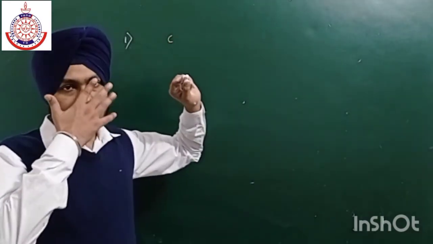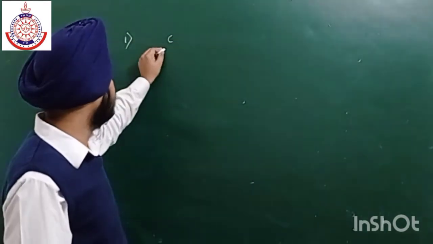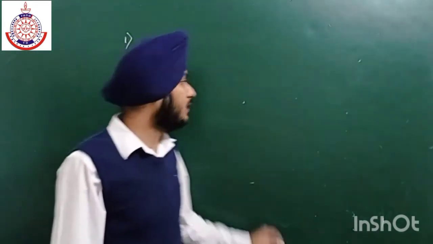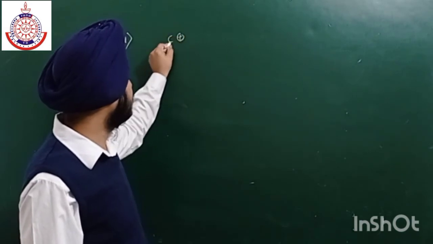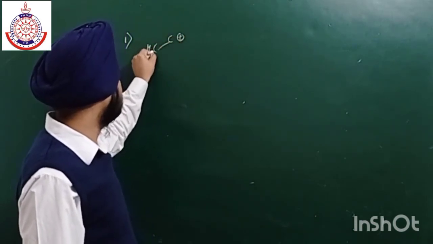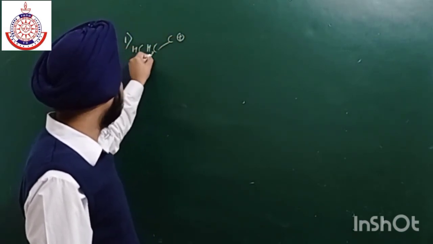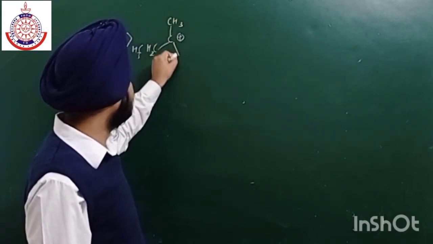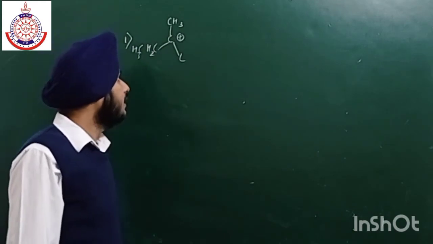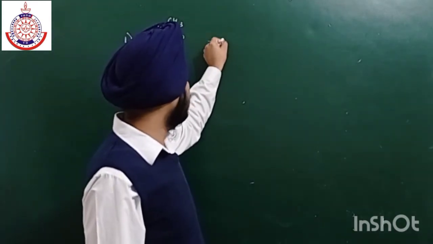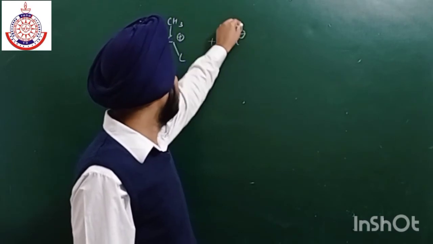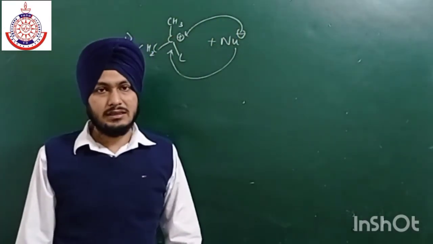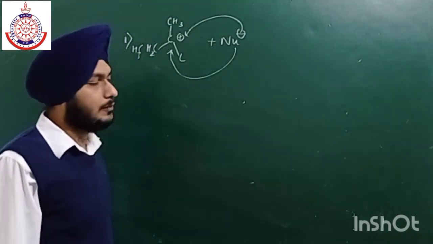we have a chiral carbon which is attached to 4 different groups. For example, the carbocation which is formed is like this. Here we have CH2CH3, and the other we have CH3, and here we have some other group L. Then the nucleophile has a possibility to attack from above the plane or from below the plane.